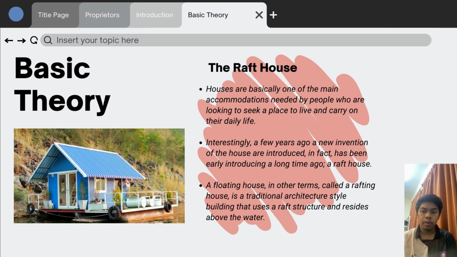Interestingly, a few years ago, a new invention of the house was introduced. In fact, it was introduced a long time ago. A raft house, a floating house, in other terms called a rafting house, is a traditional architecture style building that uses a raft structure and resides above the water.